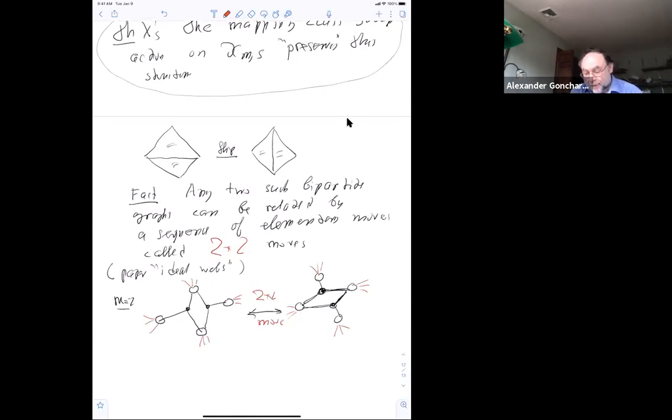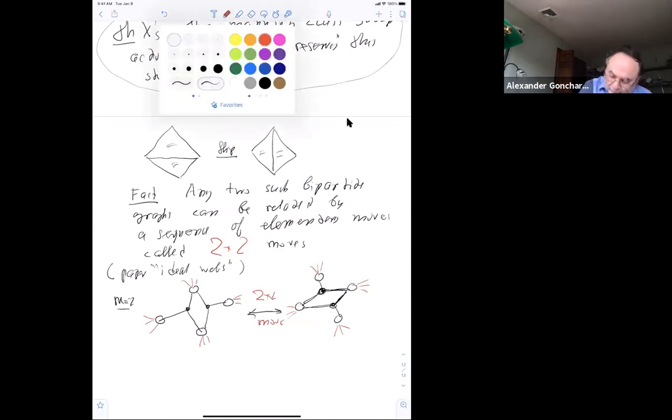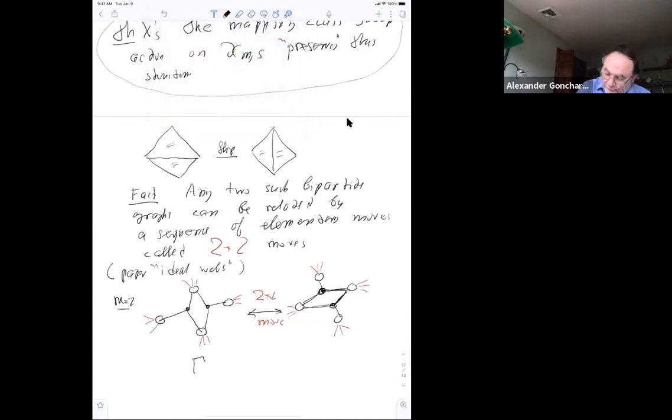And I claim that there is a way to transform local systems on one graph, let's call it gamma, to a new graph, gamma prime. And this is some kind of map.